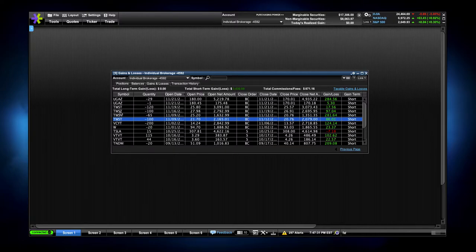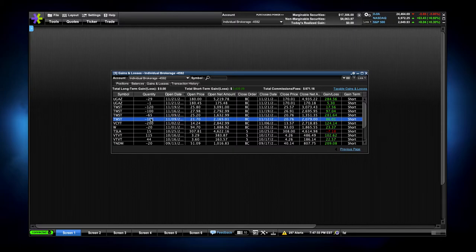As an example, TWST, I had a couple of trades on this one. November 9th, I shorted 100 shares at $21.70 and I covered at $20.76 for $80. And actually, it was two trades.